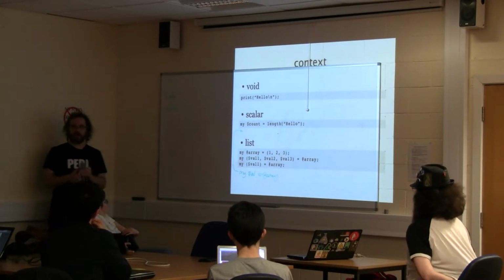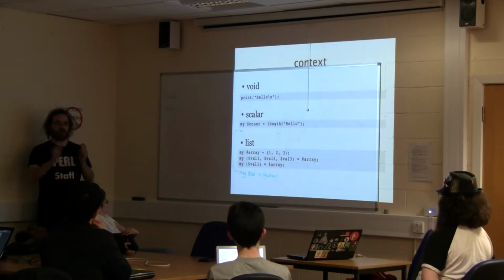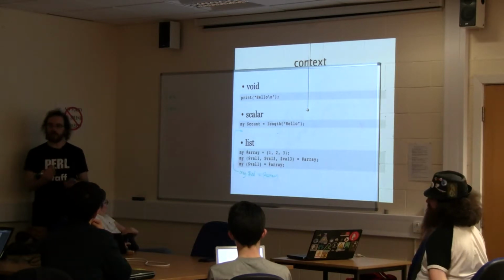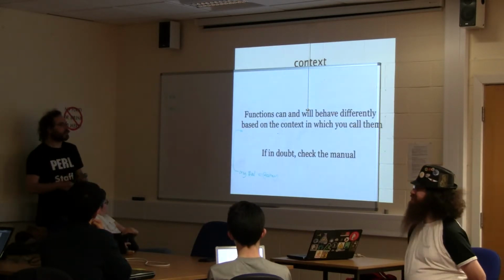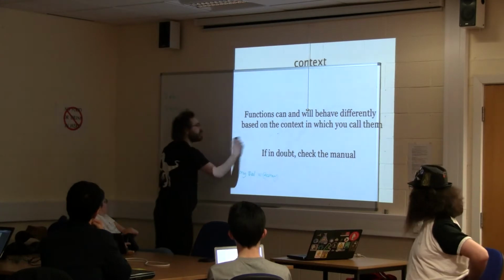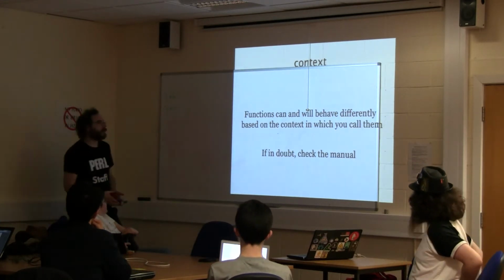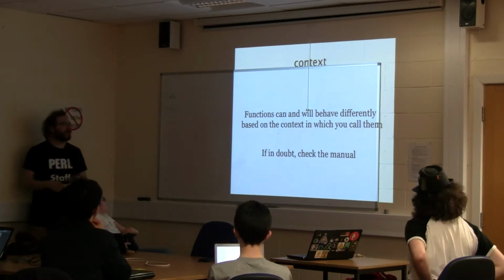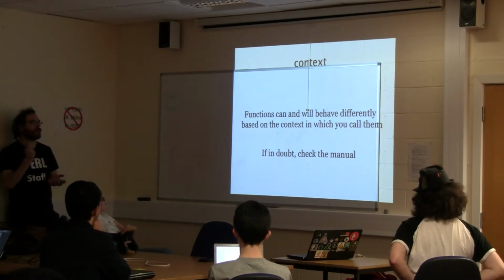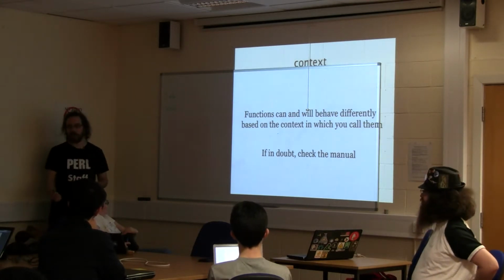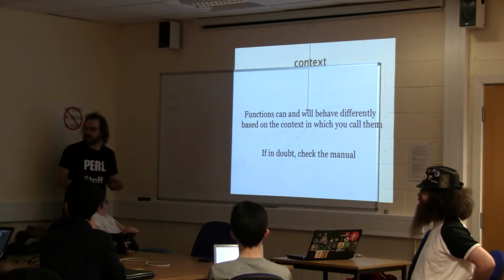So it's very easy to call something in slightly the wrong context and get different data back if you're not careful. So functions can and will behave differently based on the context in which you call them. Check the manual if in doubt. If it does something odd, check the manual, find out. Yeah?